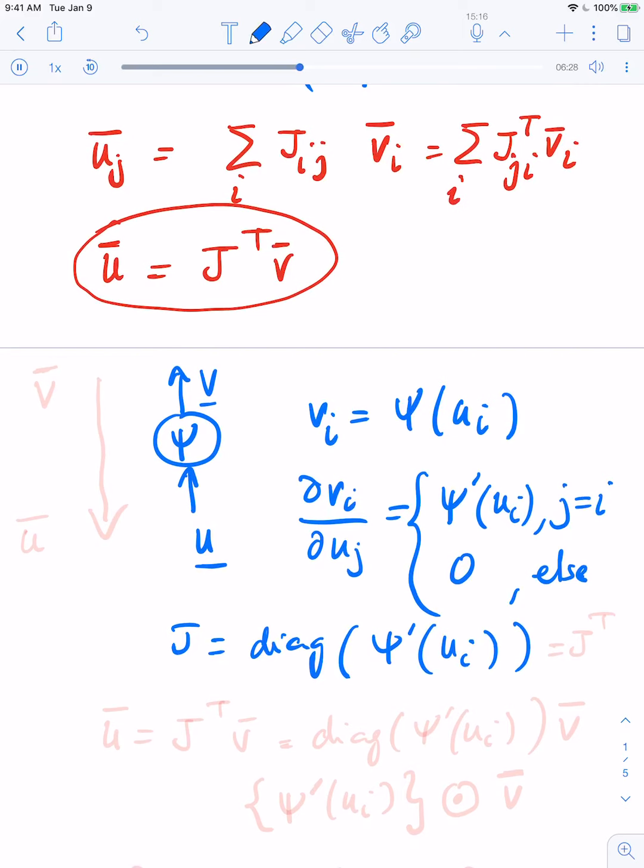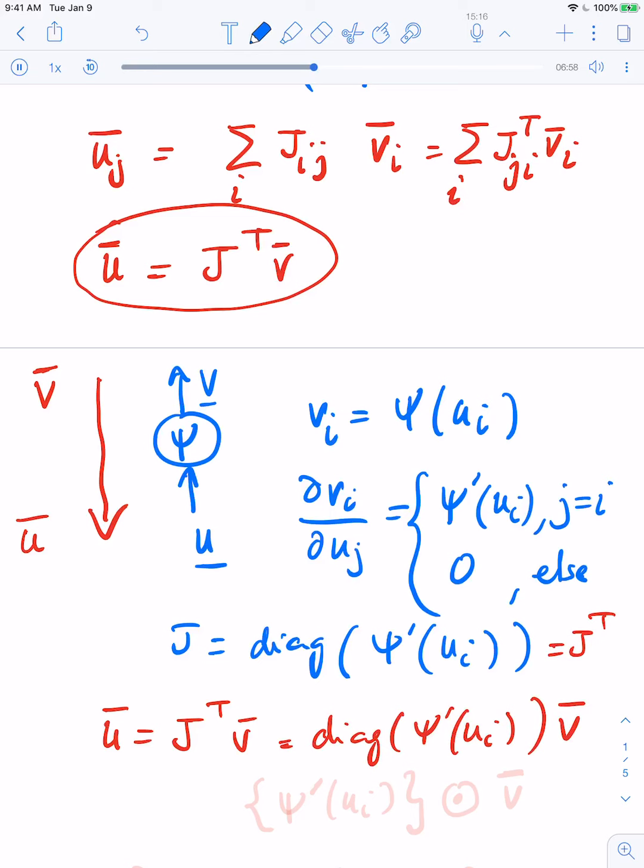And so now, what's the flow back here? Suppose you have computed the derivative of the loss function with respect to v. What's the derivative of the loss function going to be with respect to u? So u bar is just J transpose v bar, but J transpose is a diagonal matrix. So this is the diagonal matrix of psi prime of ui times v bar.